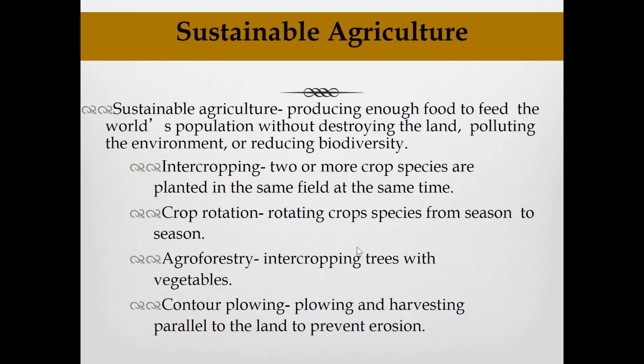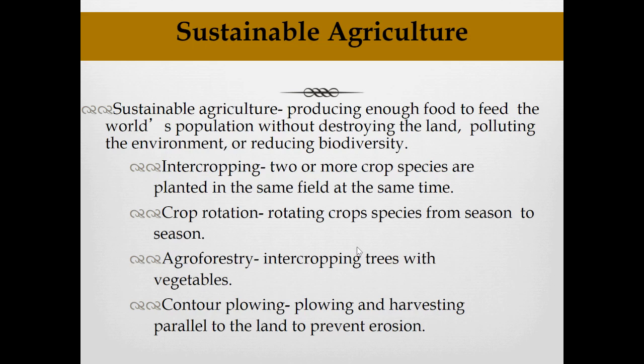Now, how do we prevent desertification? How do we change monocropping? Well, we have to implement sustainable agriculture methods. That's still producing enough food for everyone to eat, but not destroying the land, not polluting the environment, and not reducing biodiversity. So how do we do that? We can implement a couple different methods, one being what's called intercropping.